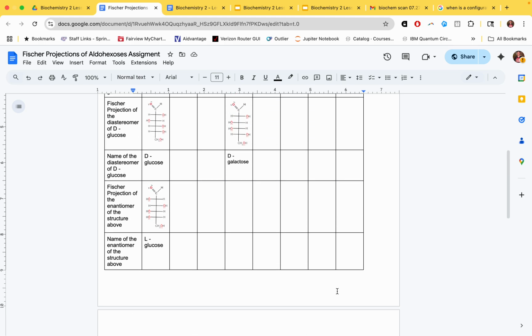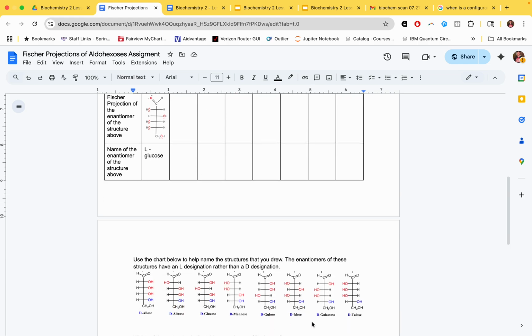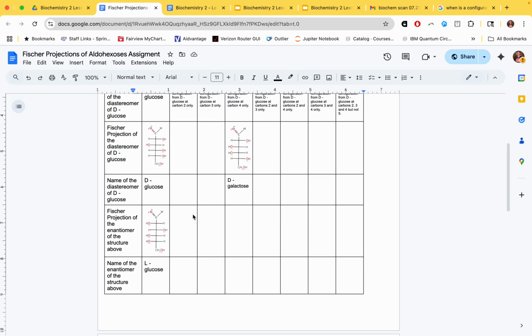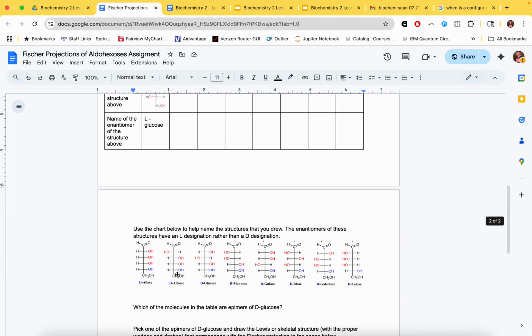So you can use that to name your structures once you draw them. You just match them up with the diagram down here. And then remember that once you have the name, when you're naming the enantiomer, you just change the configuration designation from D to L.